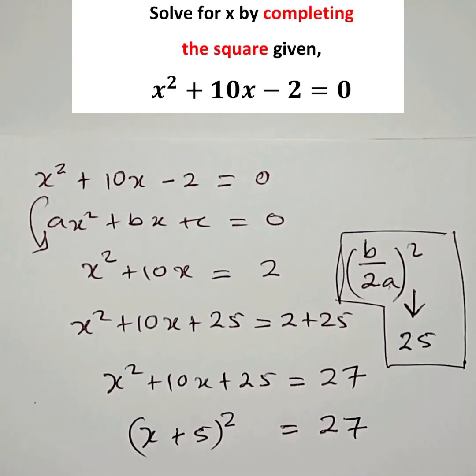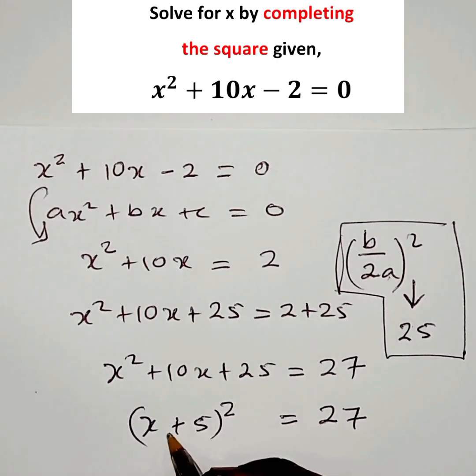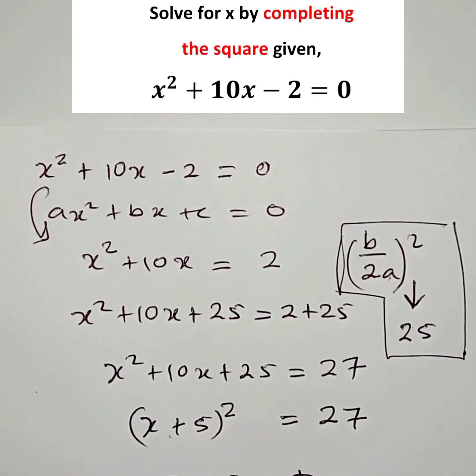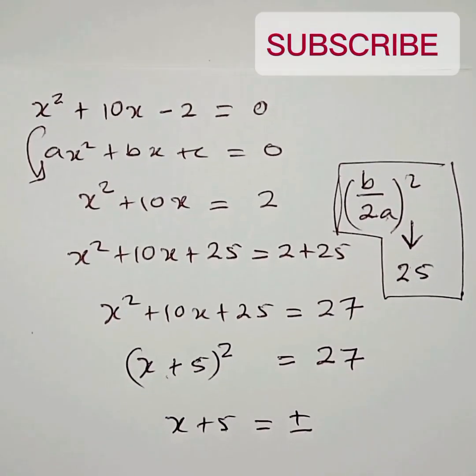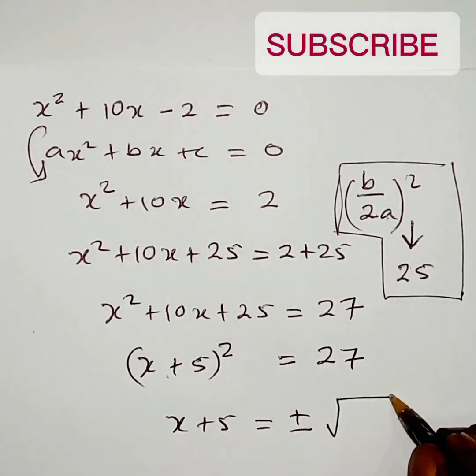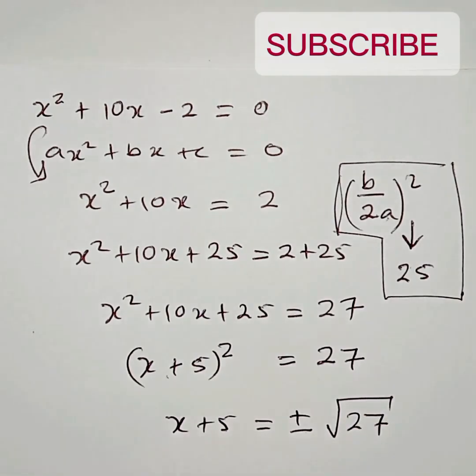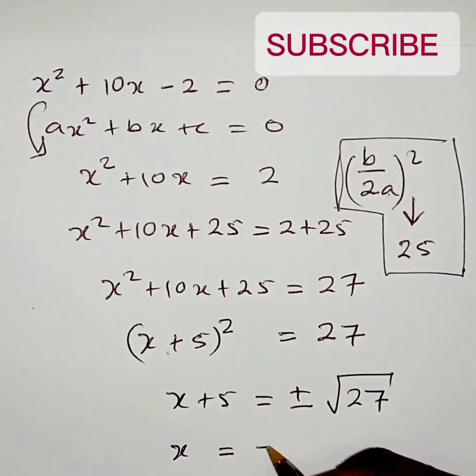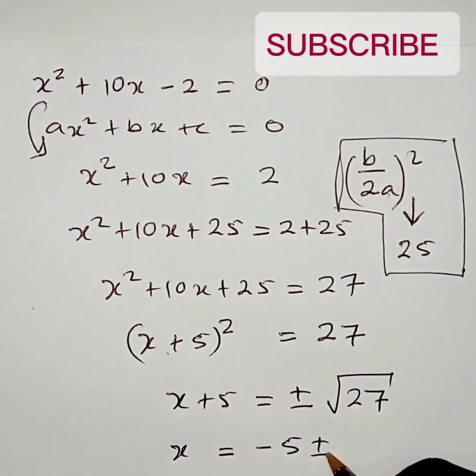Now we are going to make this x plus 5 the subject of the formula. We are going to say x plus 5 is equal to plus or minus the root of 27. Now we are going to say x is equal to minus 5 plus or minus the root of 27.